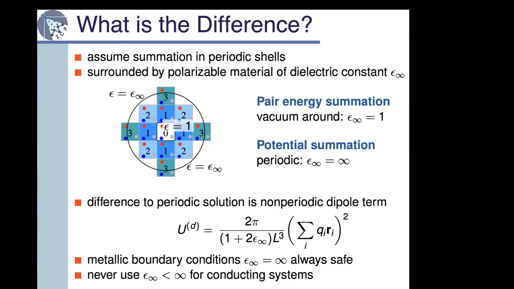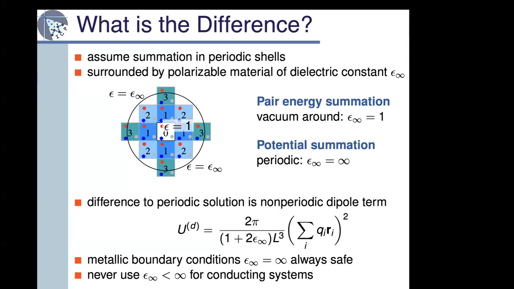And that basically is the equivalence of saying that I'm solving the Poisson equation on the torus, because that means that the electric field lines cannot go outside of your boundary, and this is therefore called metallic boundary conditions. And under metallic boundary conditions, there's actually no need to talk about the dipole term, because epsilon is infinity and the dipole term goes away.